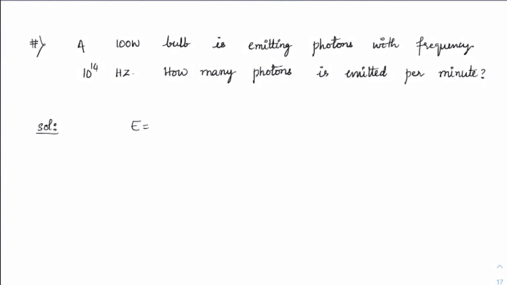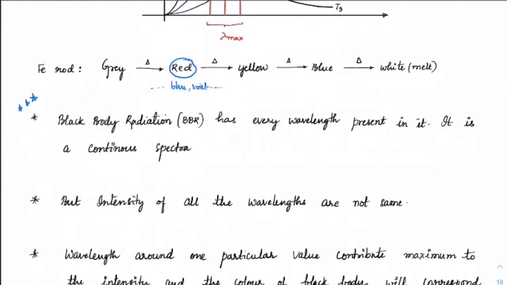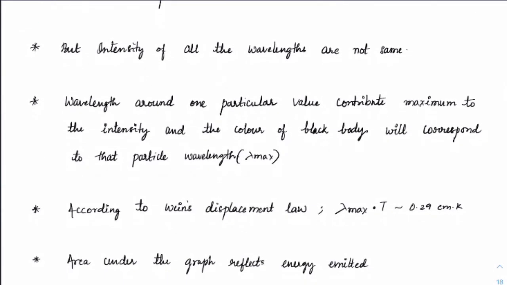Please try that, everyone. A body is dissipating every radiation, but the intensity of one particular color is more. That's why we are trying to see the color as the average of all the colors. Got it? The intensity of all the colors is different. So one particular color will be the maximum contributor. Correct?